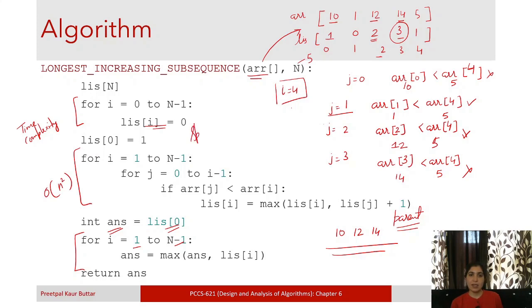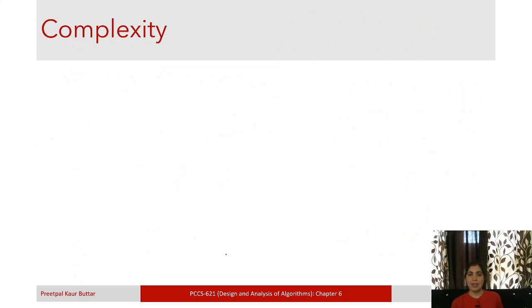And space complexity, here you are creating an array LIS whose size is n. Okay, so for this auxiliary space you will have a space complexity of order of n. Okay, so this is all about this problem, longest increasing subsequence, which we have solved using the dynamic programming approach. Thank you.